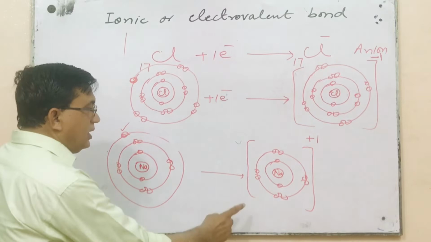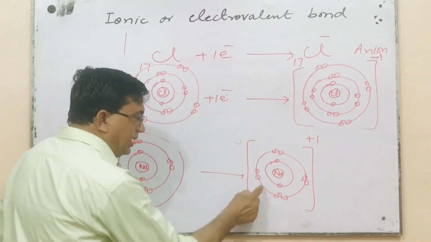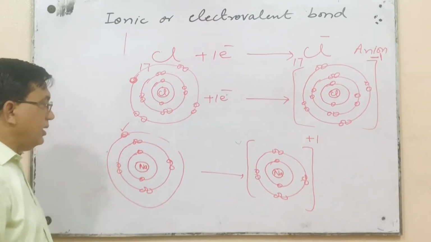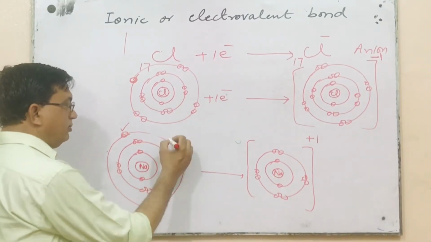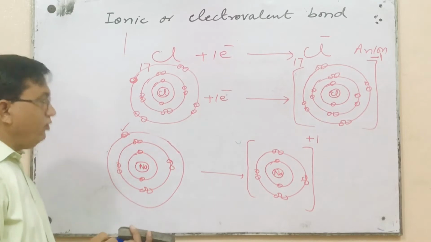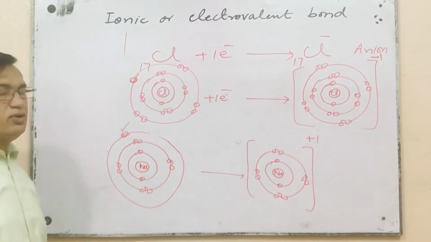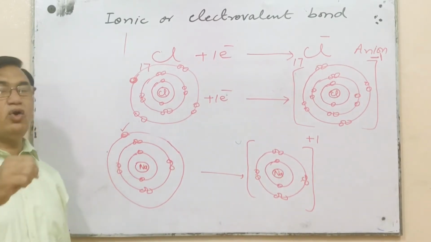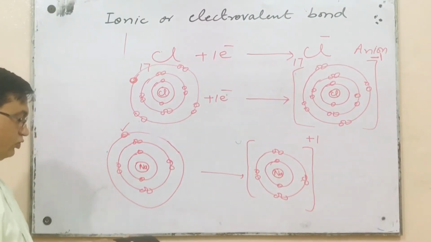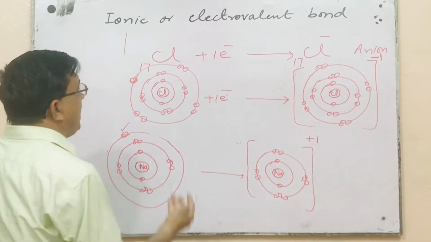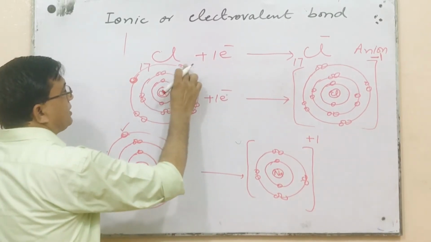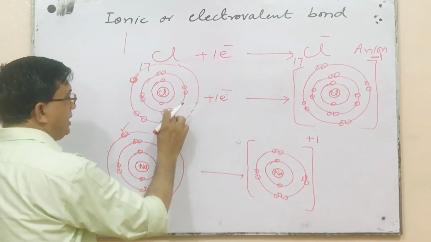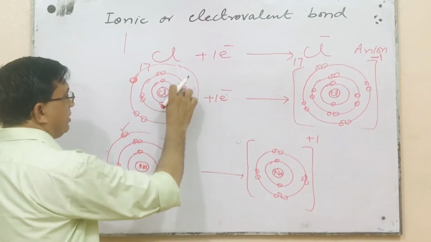For example, if we represent the electrons of sodium atom and sodium ion in dot form, definitely we will represent the electrons of chlorine and chloride ion in the cross form, and that cross form can be represented just like this. For example, I am going to represent all these electrons in cross form.